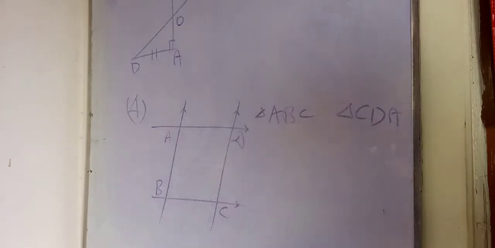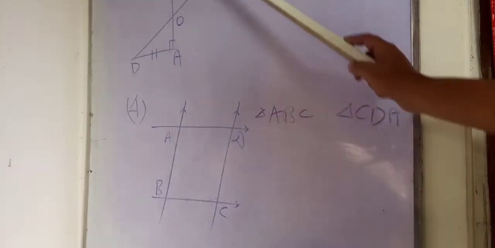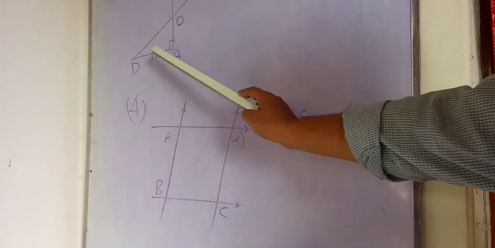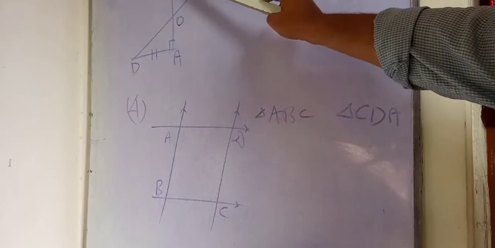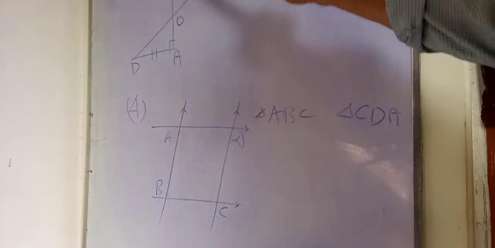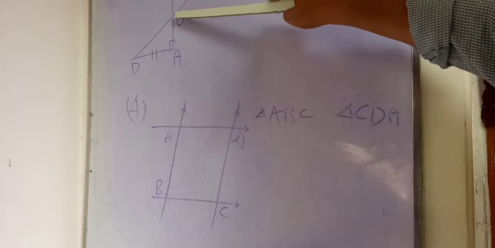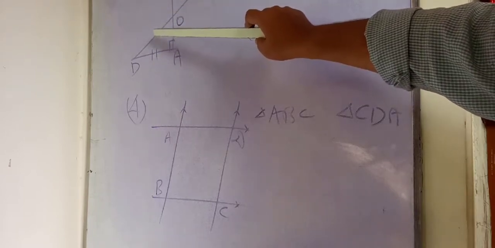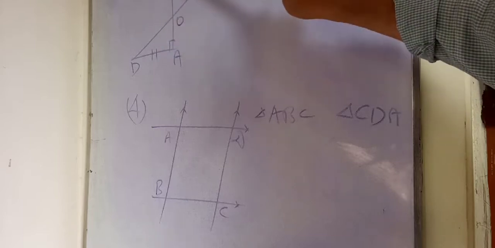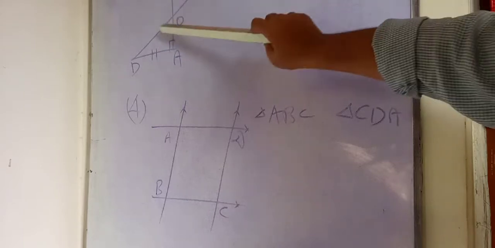So in the third question, we have to prove CD bisects AB. Means AB is being bisected, being divided into two equal parts. Means we have to prove OA equal to OB. So definitely it can be done only by congruencing these two triangles.